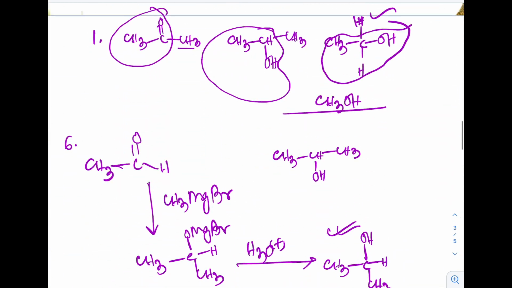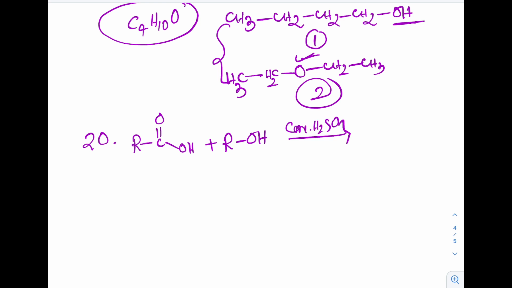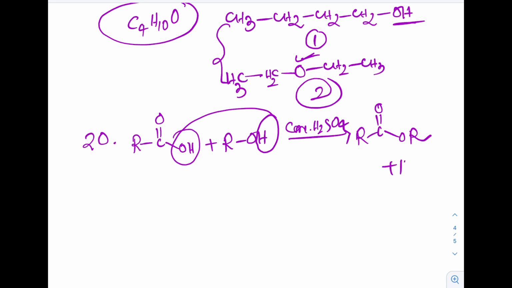Now, a carboxylic acid RCOOH reacts with an alcohol in the presence of acid to form an ester and water. As an ester is being produced here, this reaction is referred to as the esterification reaction.